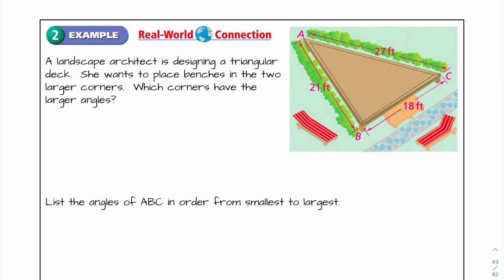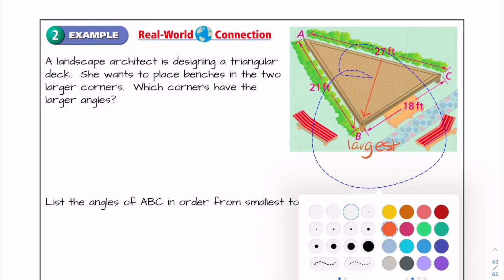So 27 feet is the longest side, meaning that the greatest angle is opposite the longest side. So in this case, angle B is the largest. Let me find a color that will work well. That works.